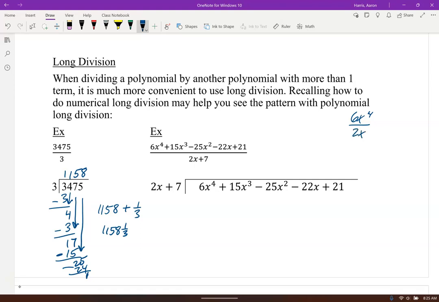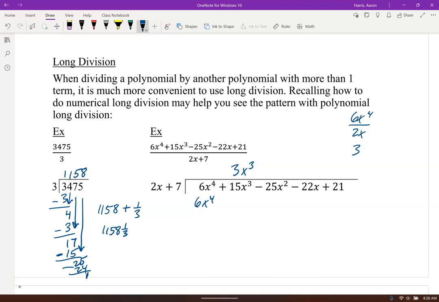And let's say you're right, it's 3. But how many x's do I need? 3x to the 3rd times 2x. So now I multiply 3x to the 3rd times 2x will give me 6x to the 4th.